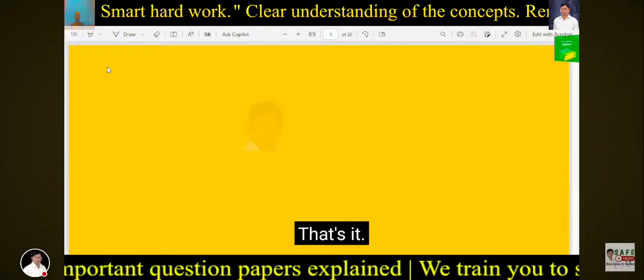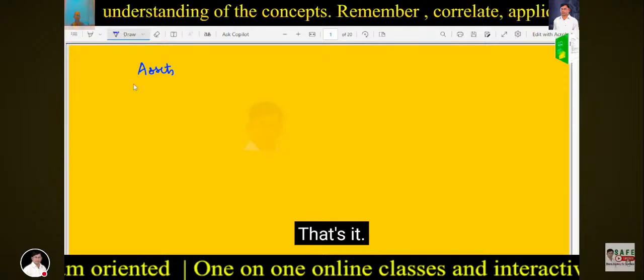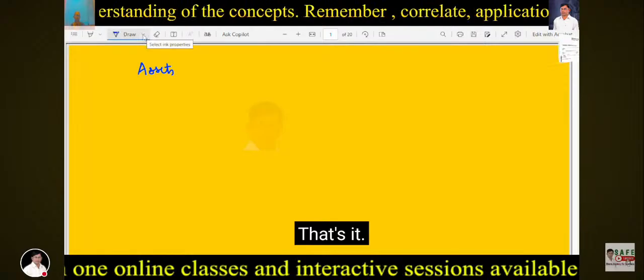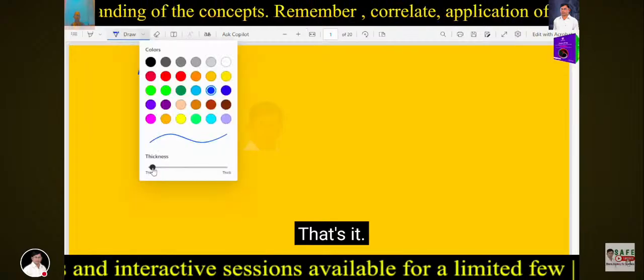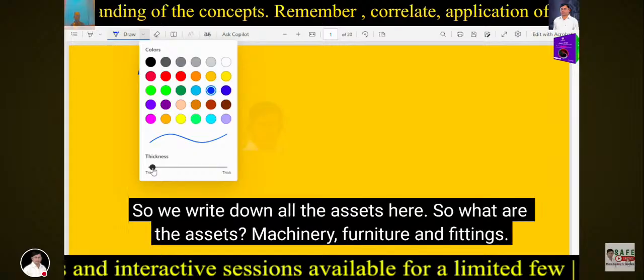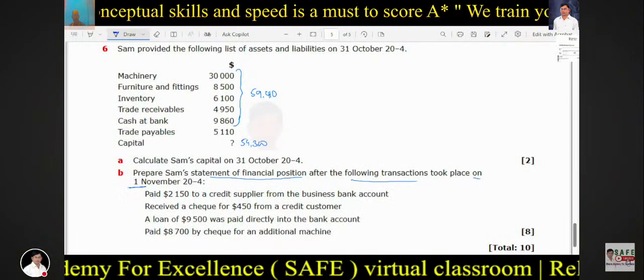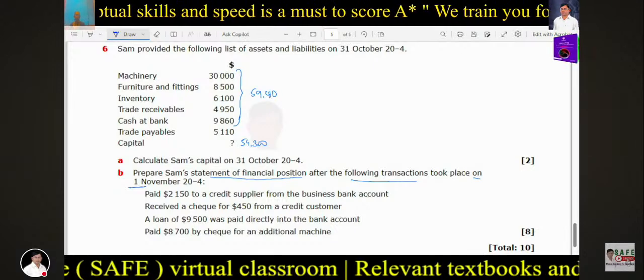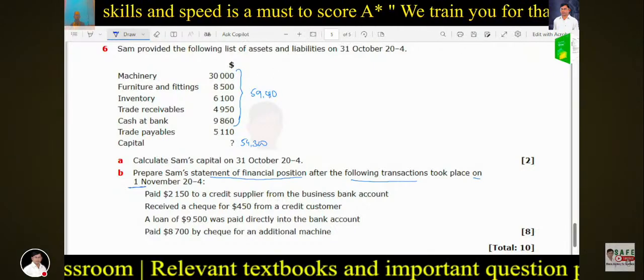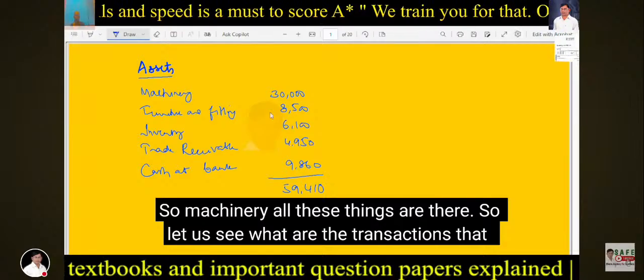Assets. So we write down all the assets here. What are the assets? Machinery, furniture and fittings, and so on.